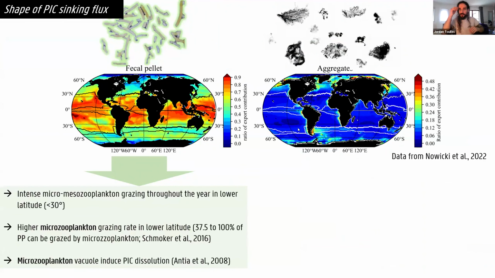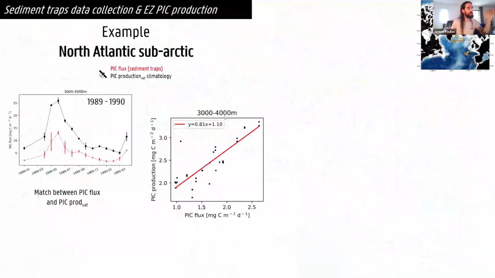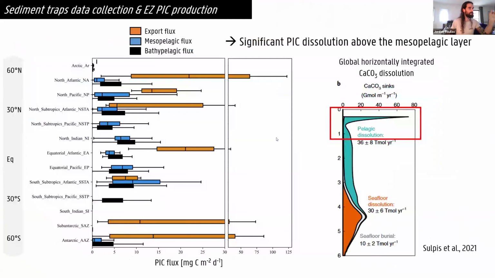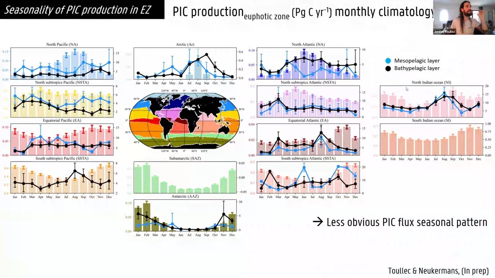Basically it was the PIC production based on remote sensing, but only in the euphotic zone, at the first meter of the surface ocean. And my idea is to link this euphotic zone PIC production and deeper flux. The data I put on the graph were bar plots with a dot plot on it. What I did was just a mean: the different points correspond to the mean of the deep PIC flux month by month.